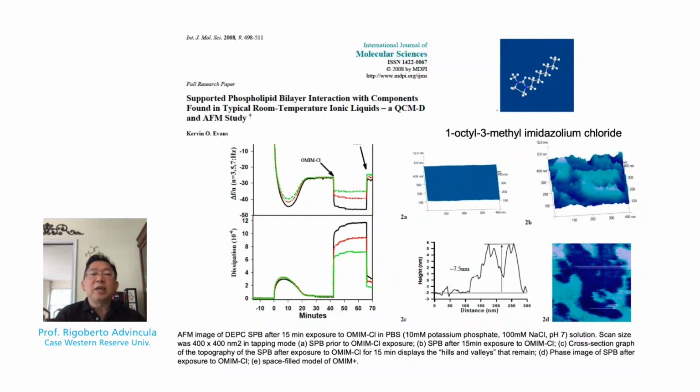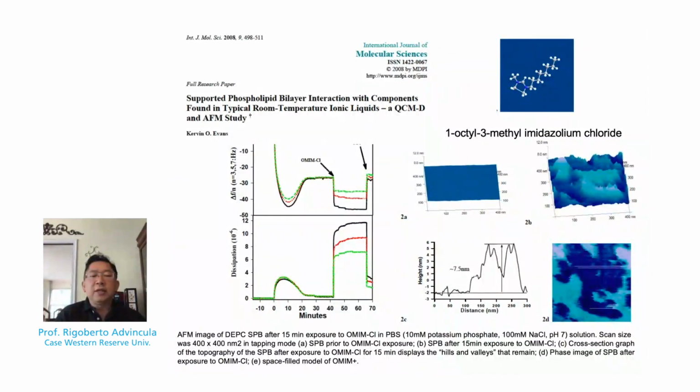So again, this is one of those ex-situ techniques in that after exposure, the film was then taken and the AFM micrograph was taken to observe the formation of pits or hills and valleys that remain. Again, comparing the phase image of the supported bilayer before and after exposure.